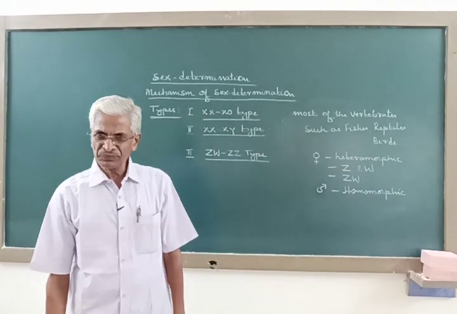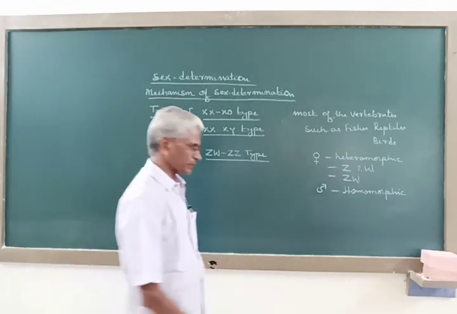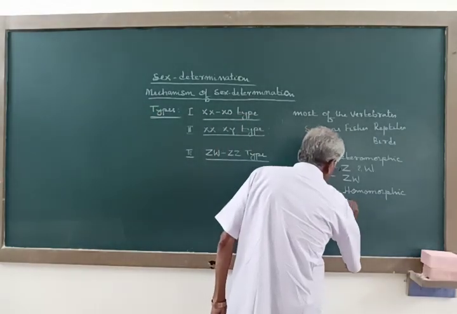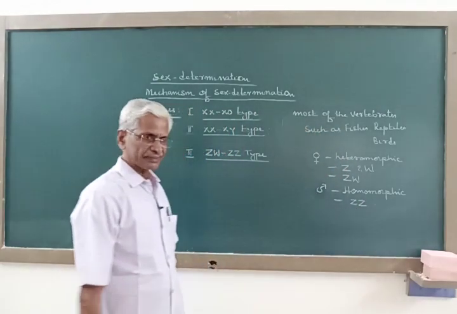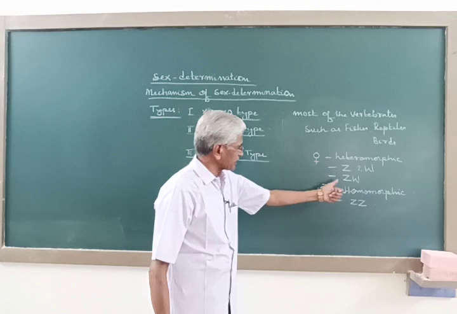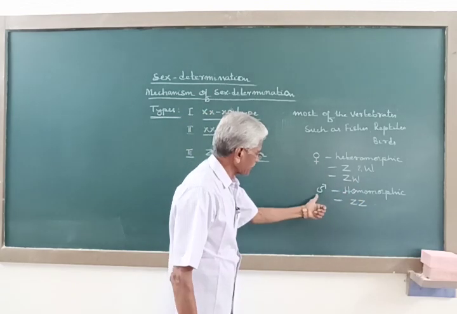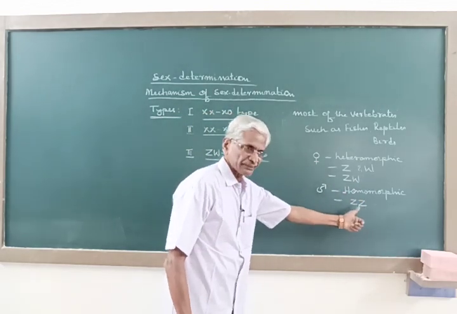It has a pair of sex chromosomes which are similar. So the male here is denoted as ZZ. So female is ZW and male is ZZ.